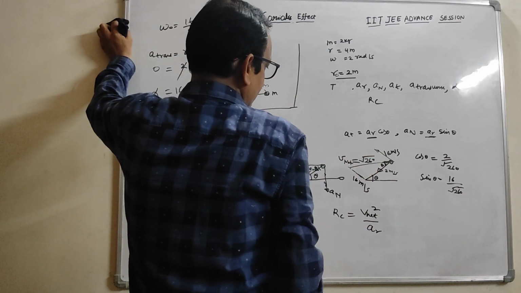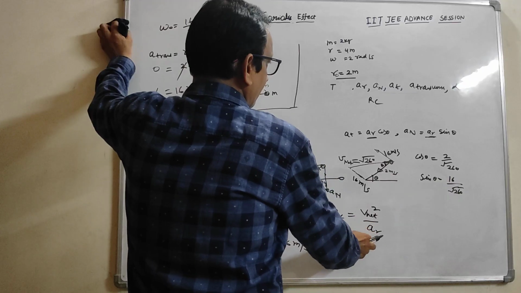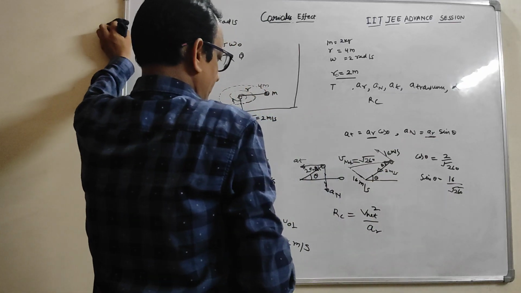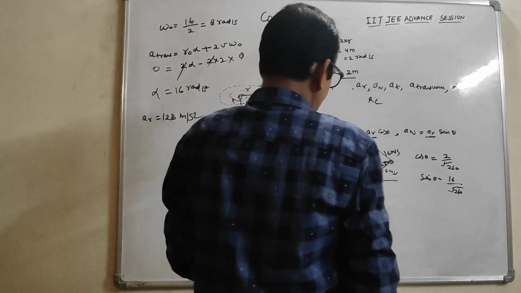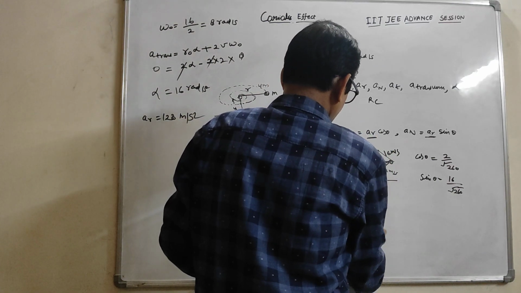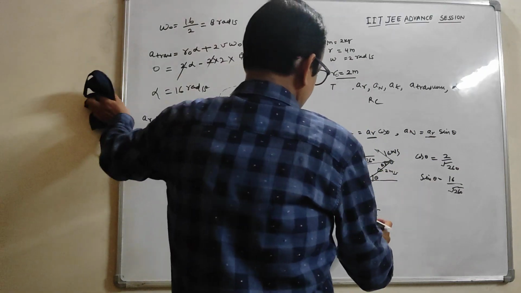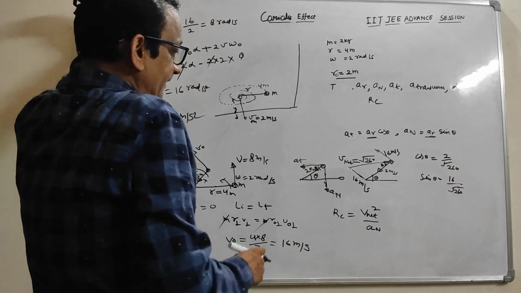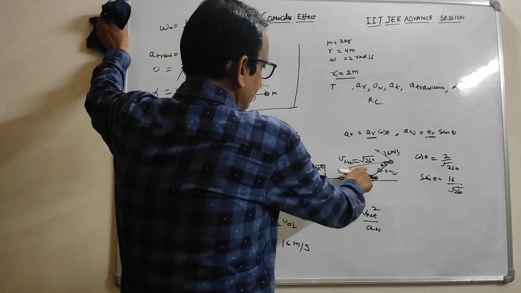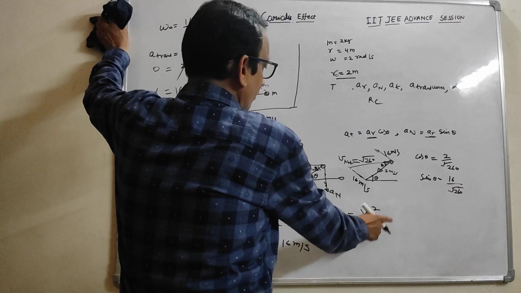So V net is root 260 whole square, or AR is 128, not AR. V net square upon normal acceleration. Radius of curvature is V net, velocity net square, upon normal acceleration.